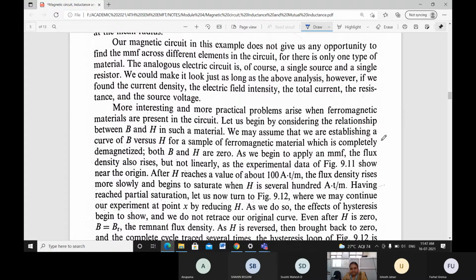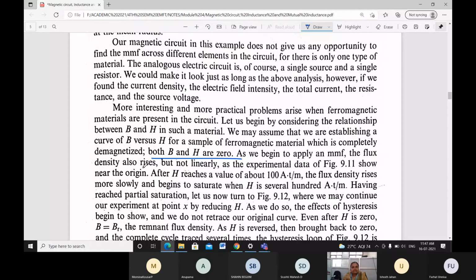We are assuming that we are establishing a curve between B and H for a simple sample of ferromagnetic material which is completely demagnetized. If it is demagnetized, then B and H are zero only, right? That is what it is telling. Then we apply the magnetomotive force.